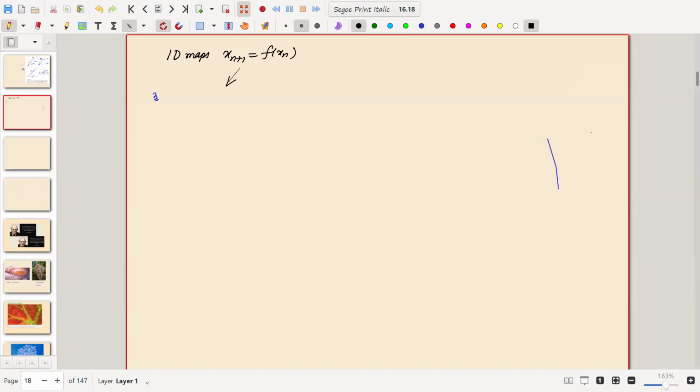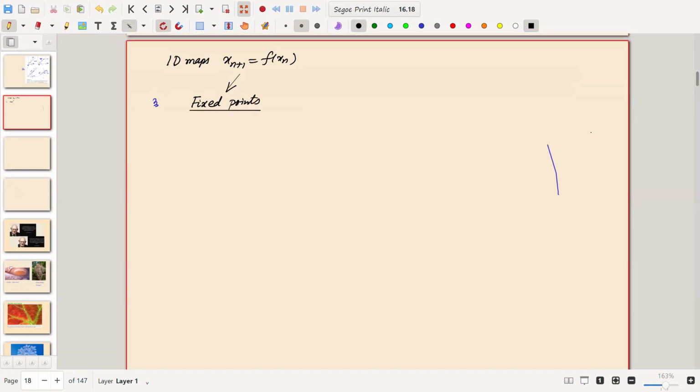We understood that not all maps have fixed points. We understood that a fixed point is one of the simplest invariant sets of a 1D map. What is the definition of a fixed point? It is a point x star which satisfies x star equal to f of x star.